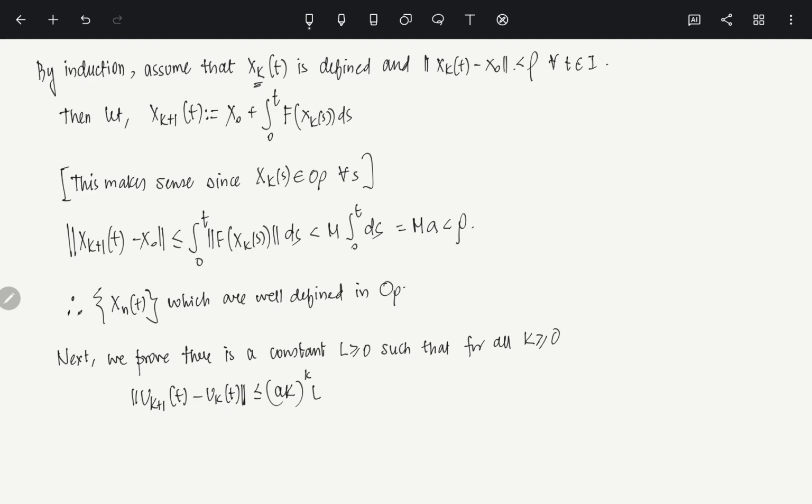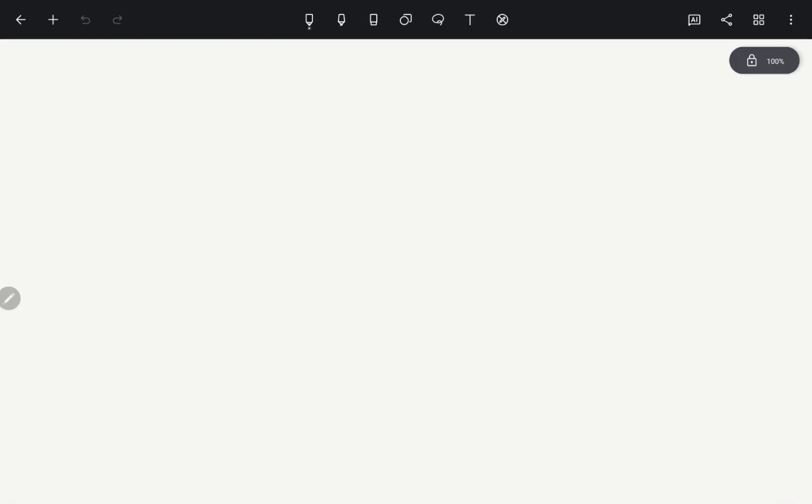How do we show this? Let L be the maximum of the norm of x1 of t minus x0 of t, where t lies between minus a and a.